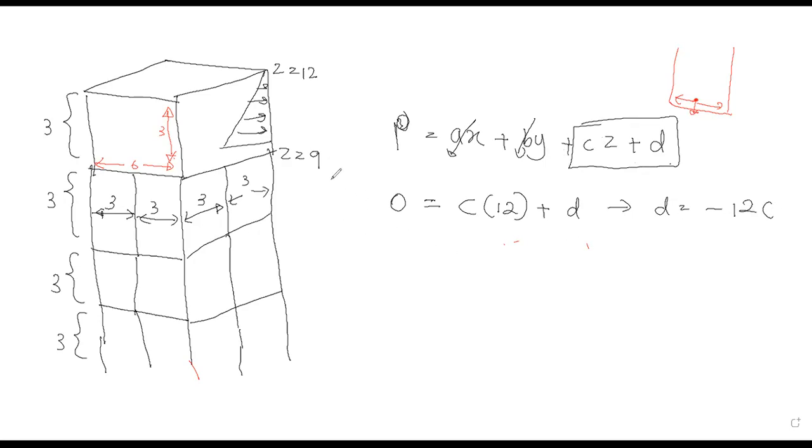And similarly, at Z equals 9, the water pressure is, we can see it is 3 meters. 3 meters means H rho G, it's 3 into 10. So this is rho G, I think it is in kilonewtons per meter cube.